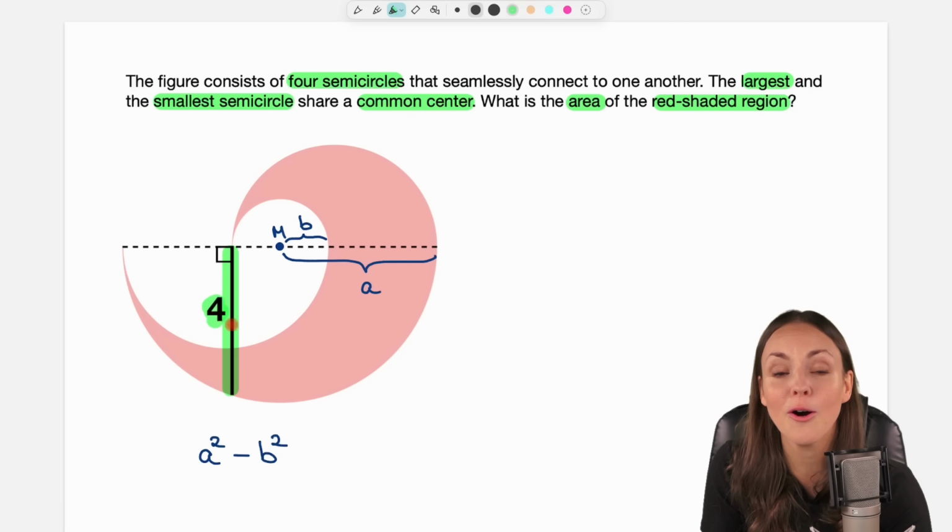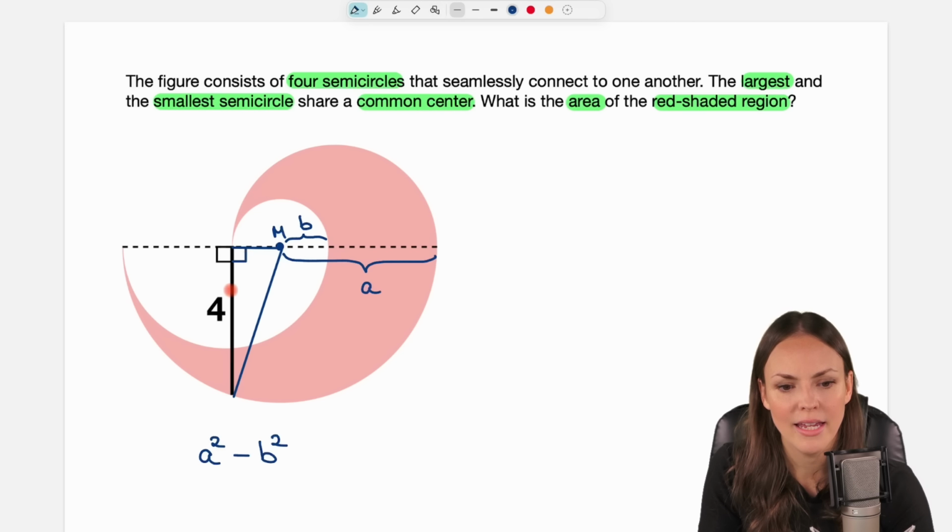So maybe from the center here to this point here, let's create a right triangle here. And we know this length is 4. What about this length here? This is the radius of my tiny semicircle. So this is my b.